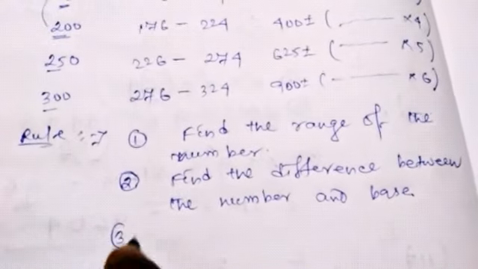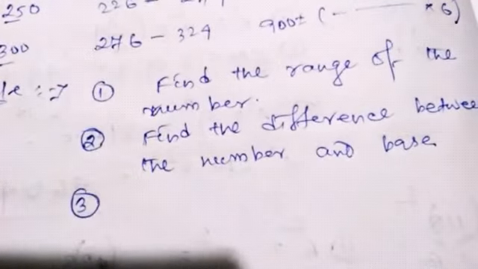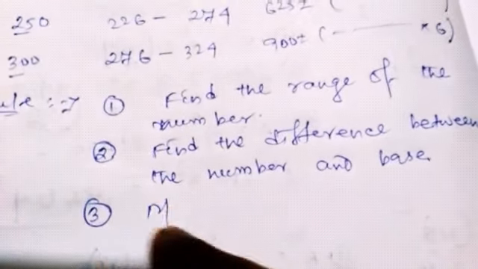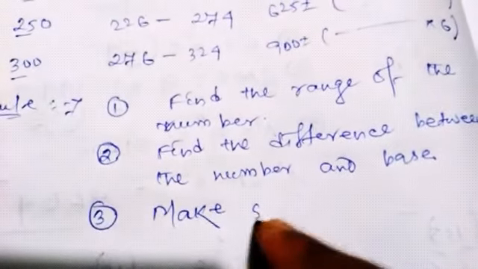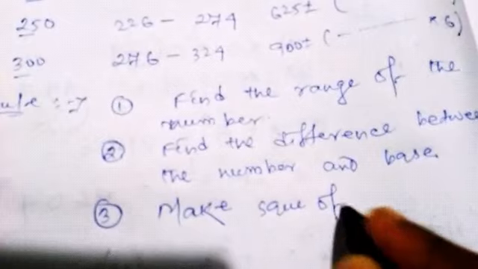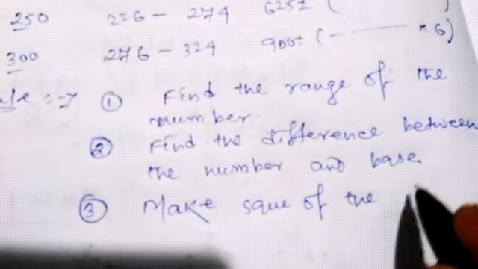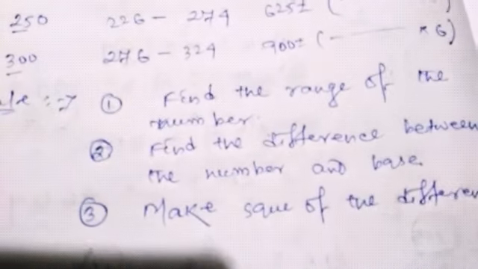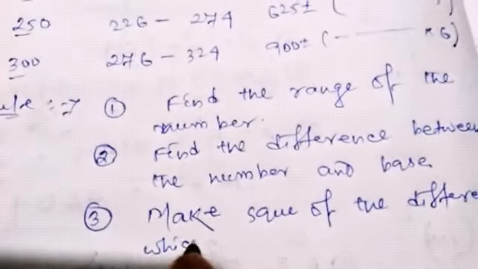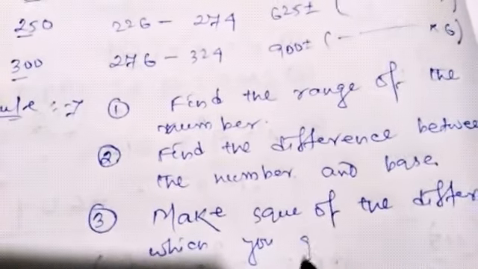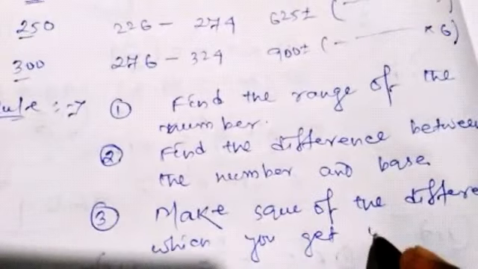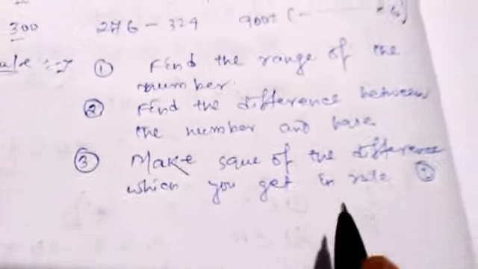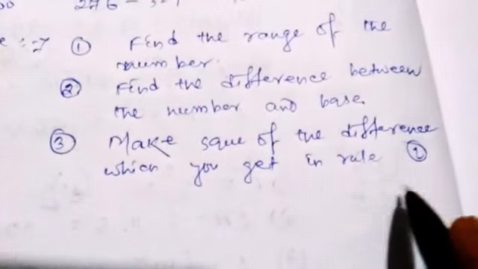And the third rule is to make the square of the difference which you get in rule 2.